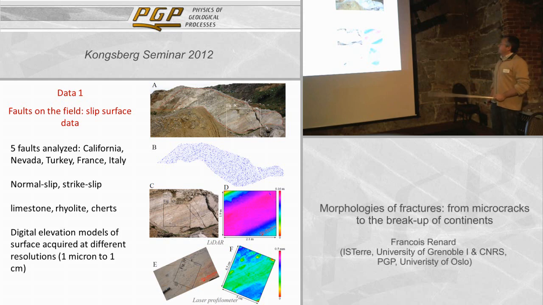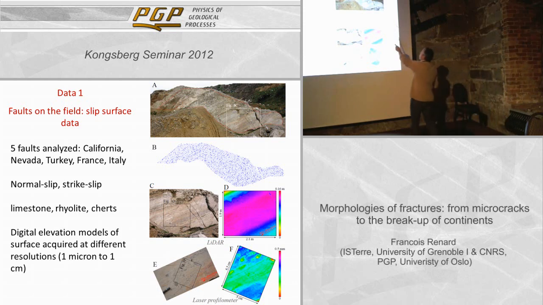So we went on the field and we tried to find this kind of surface. This one comes from an outcrop in Turkey, on which an earthquake occurred in 1942. It was magnitude 7. So this earthquake broke the rock, and you see some striation. On this outcrop, there were 2 meters of displacement during this earthquake.